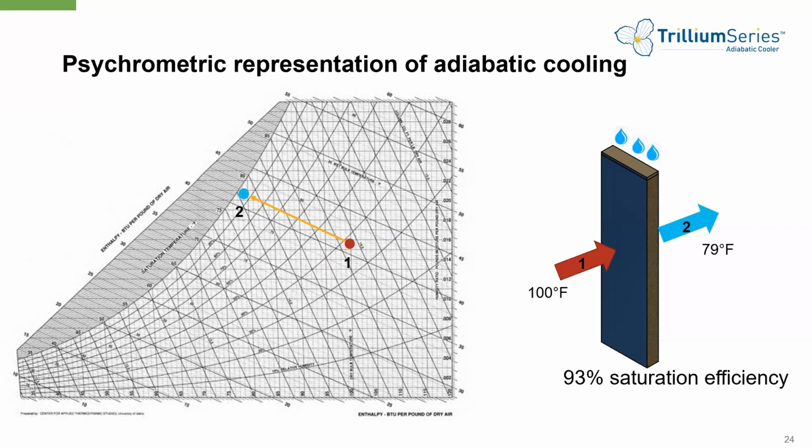So if we assume a 93% saturation efficiency, we can actually cool that air to within about 79 degrees. So that's a pretty significant drop in the air temperature that's reaching your coil. And again, that's what allows us to get those lower gas outlet temperatures, lower fluid outlets, and lower condensing temperatures.